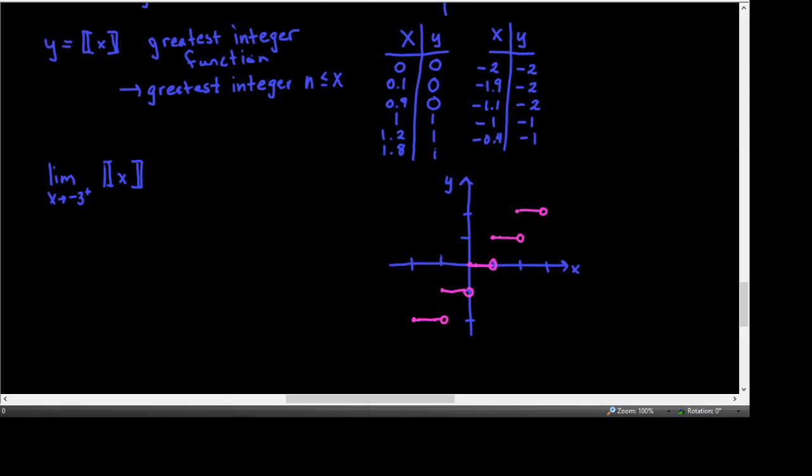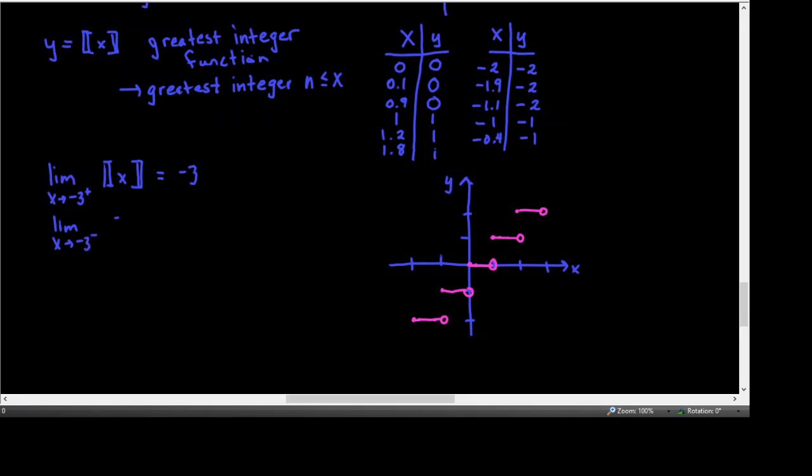Something to the right of negative 3 like negative 2.5. What is the greatest integer that's less than or equal to negative 2.5? It's negative 3. Negative 2.9? Still negative 3. Negative 2.999? Still negative 3.